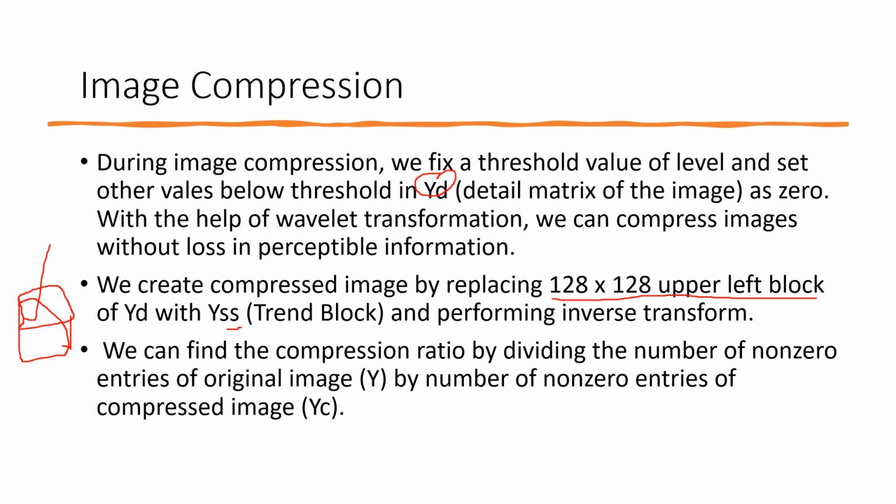Here YSS is the trend block. By doing this, we are having all the entries of trend, but we are only having some detail components, as the majority of the detail components are equated to 0. By calculating the inverse, we are going to get the compressed image.